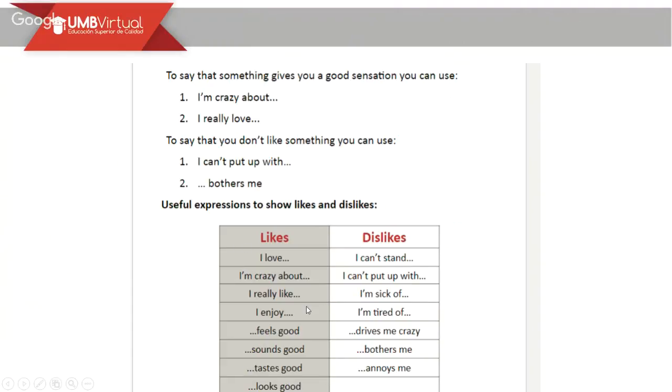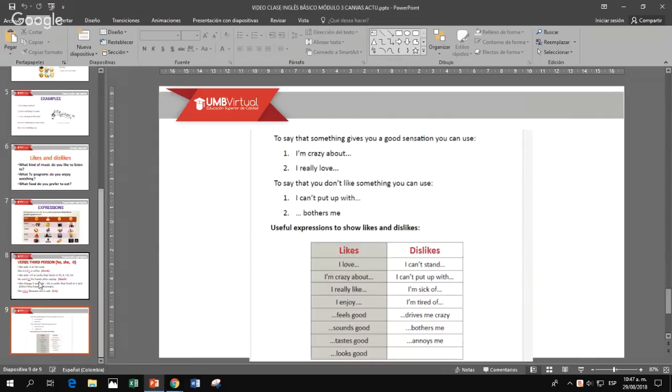And there are more examples. Feels good, sounds good. For instance, traveling to New York sounds good. Eating fast food tastes good. And that board, or Simon Bolivar's board, looks good. Perfect.